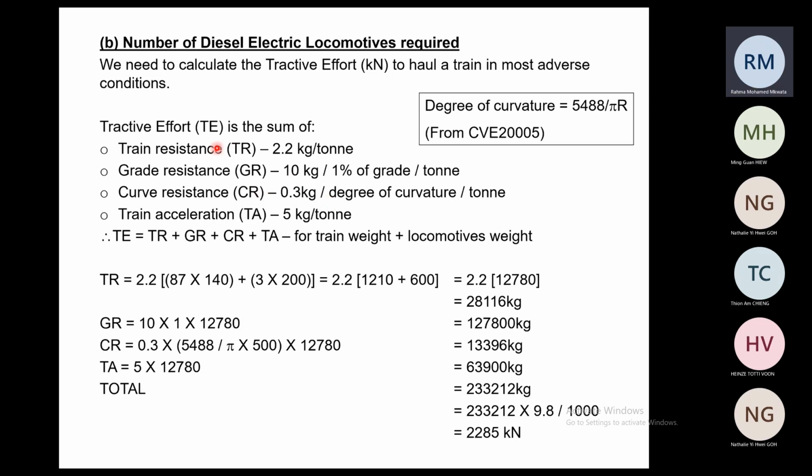What is the effort required to move the train? The resistance from the wheel track, from the grade, from the curve, from the acceleration. So if you add all this, that will be your tractive effort.